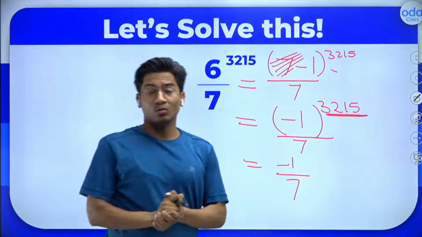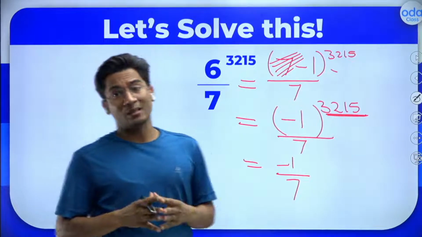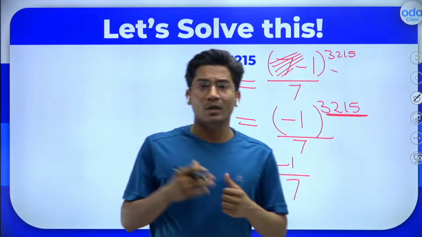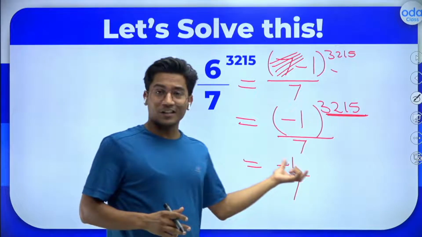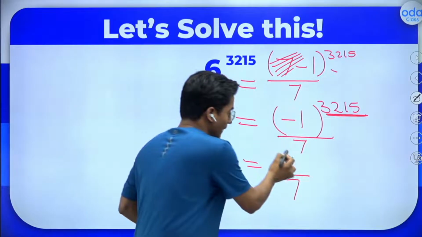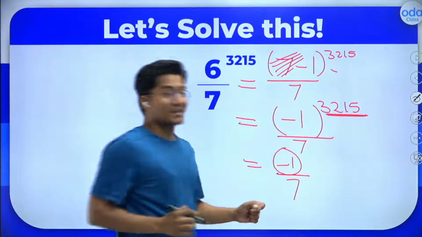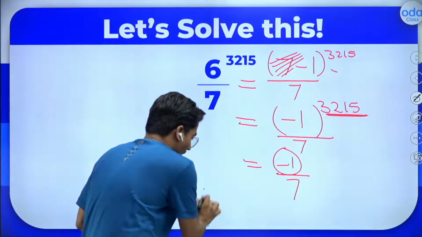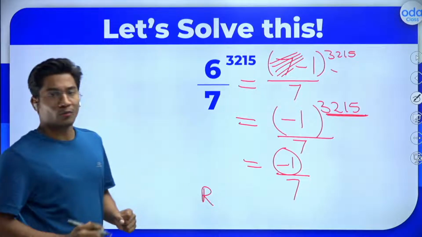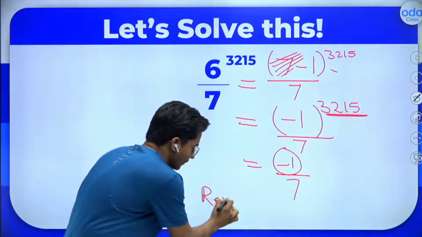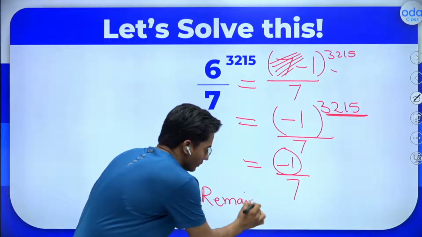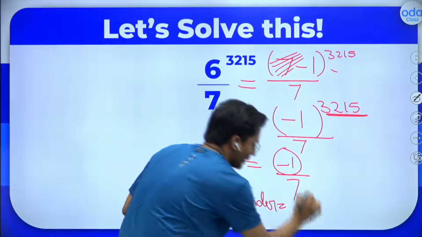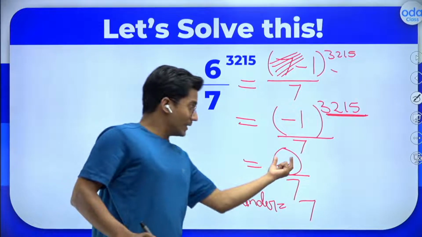Now, as we were discussing, in mathematics we do not have negative remainder. If the remainder is negative, can we write it as the answer? No, right? If we are getting this as negative, then your final remainder will be divisor, that is 7, plus that value.